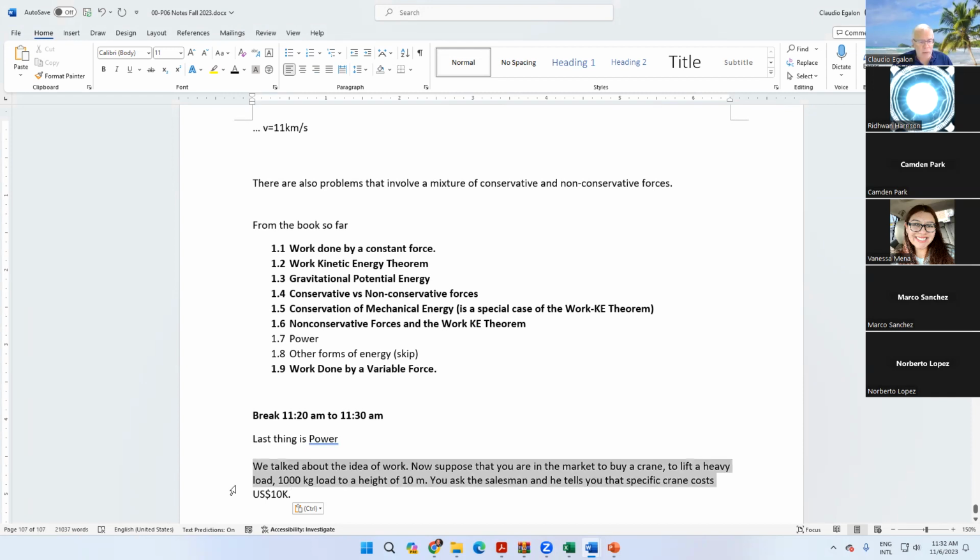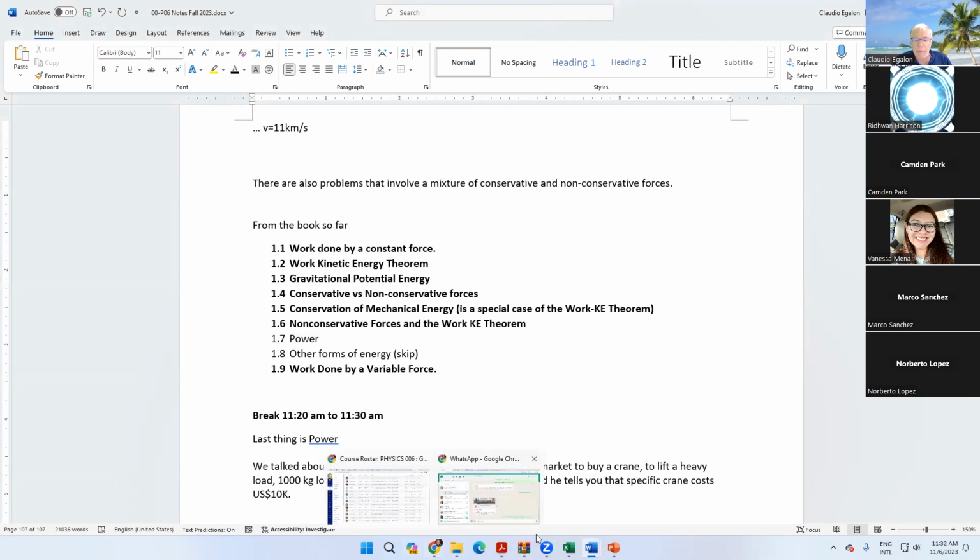It's not just related to rockets or other things, but also to machines like a crane, for instance. Suppose you're in the market to buy a crane, something that can lift a very heavy load, a 1,000 kilogram load to a height of 10 meters, right?